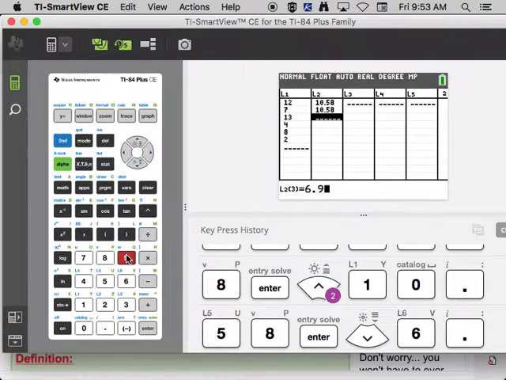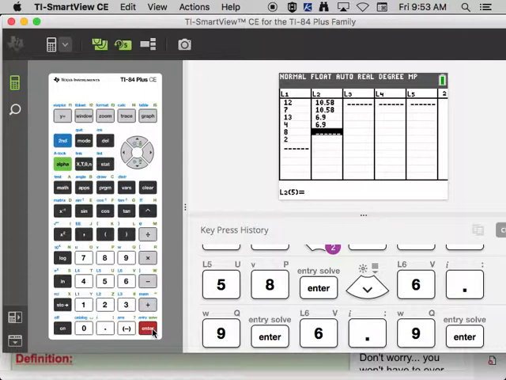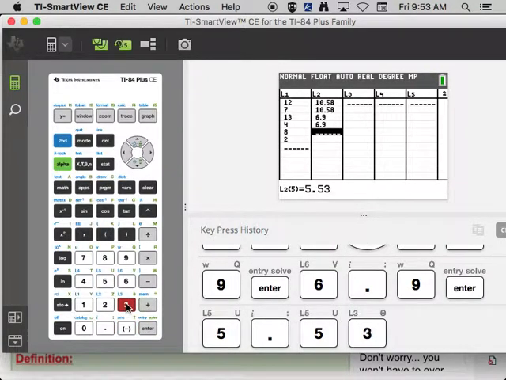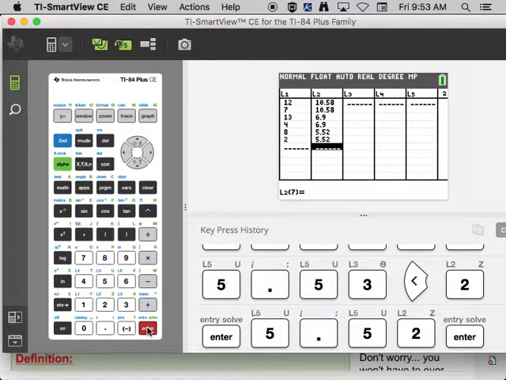Yeah. And what was the last one? 5.53. Or 5.2? 5.52. All right. So I'm going to put all this up in the 2 lists. My observeds in list 1, my expecteds in list 2. All right.